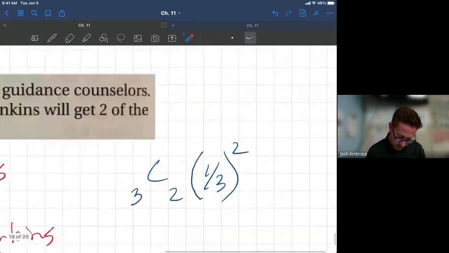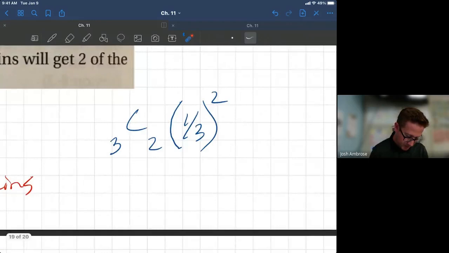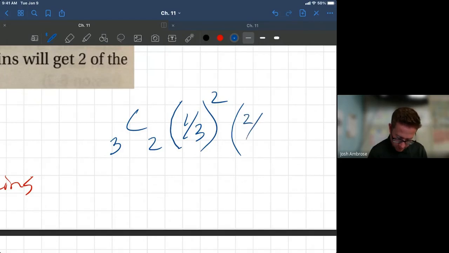All right, here we go. Let's fill in the last piece. 2/3 that we don't get Counselor Jenkins. And that is simply brought to the first power. I just wanted to show you the exponent there, even though to the first power doesn't change it.